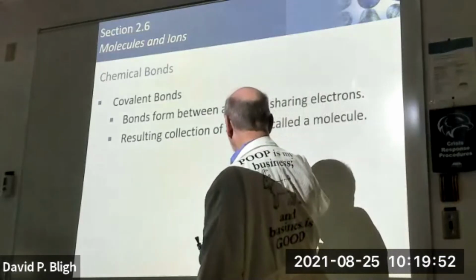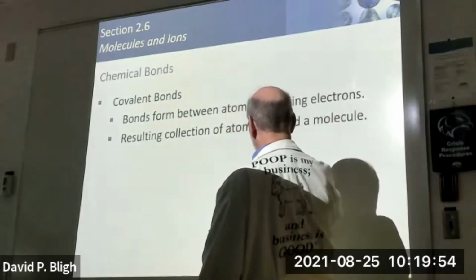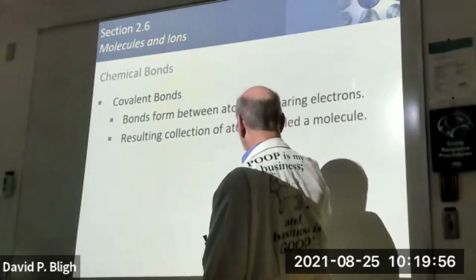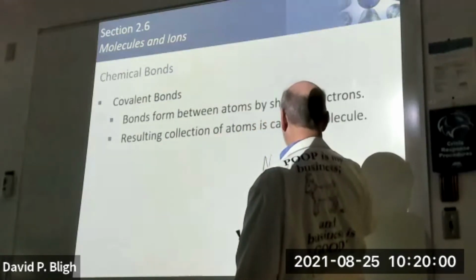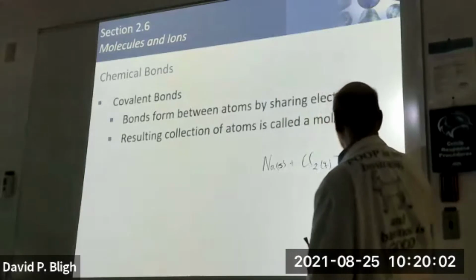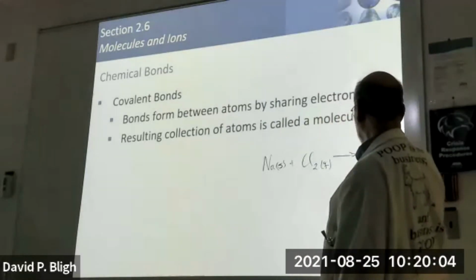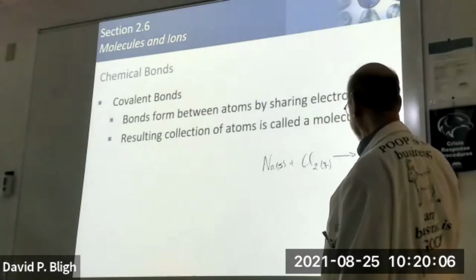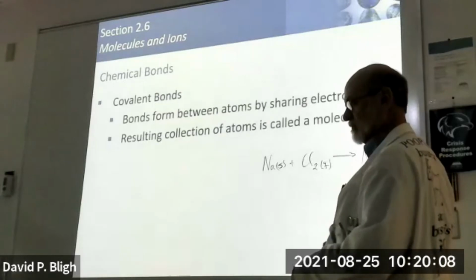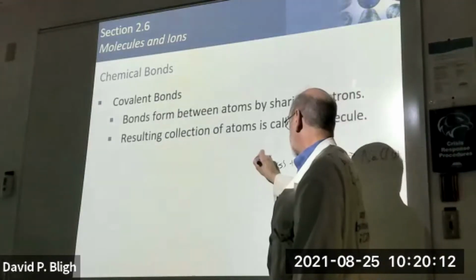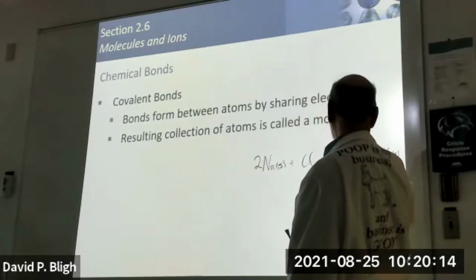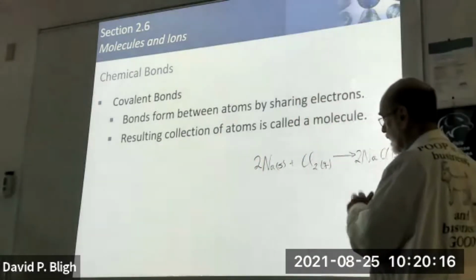So sodium, let's say it's sodium metal, solid, and chlorine, gas, yields what? Well, we know it's going to make table salt. All right, but I'm going to do something that we haven't learned yet. I'm going to balance this equation. Okay.